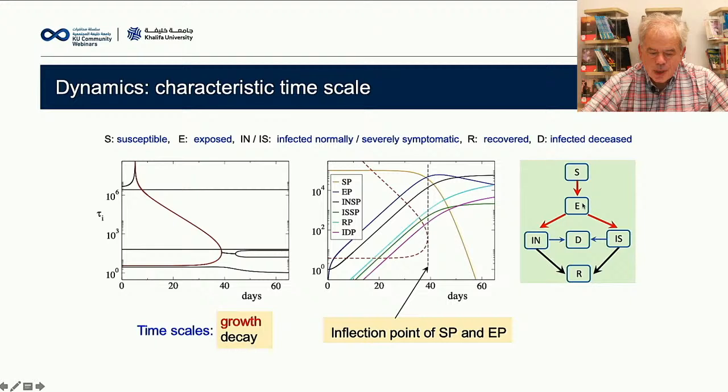Inflection point is a point which indicates that the maximum is nearby. So this point does not indicate the maximum of, say, the exposed population, but it indicates that the maximum of the exposed population is very close, as it is shown also in this case.